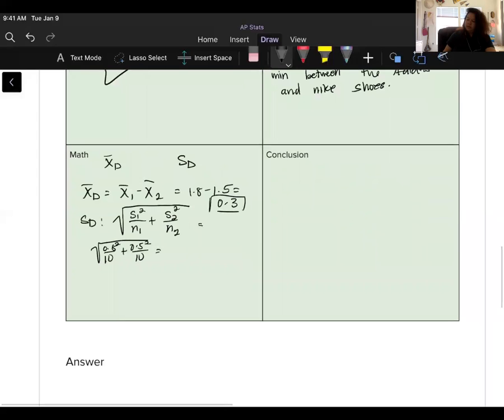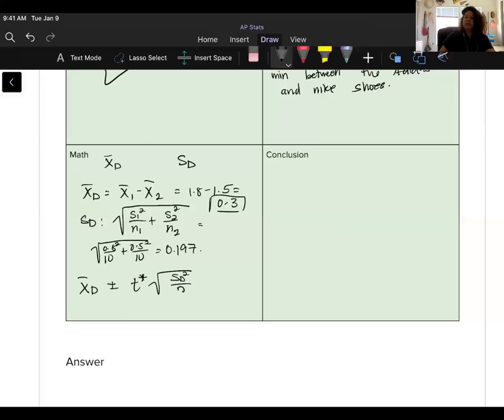So this is equal to 0.197. Okay. So we have our equation x bar d plus or minus t star times the square root of sd squared over n.